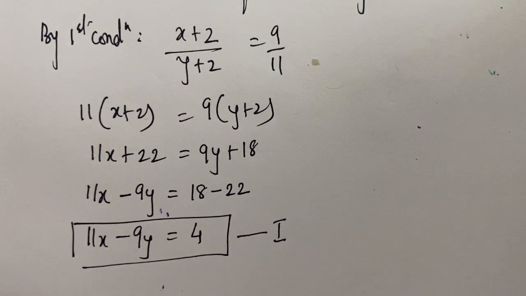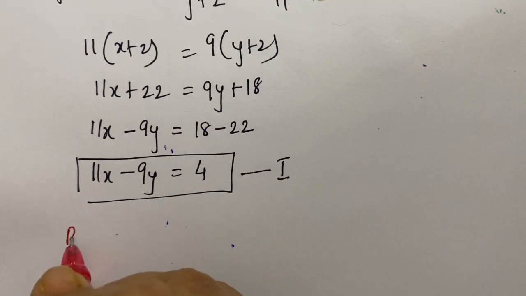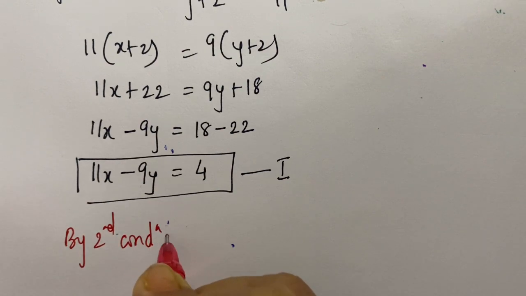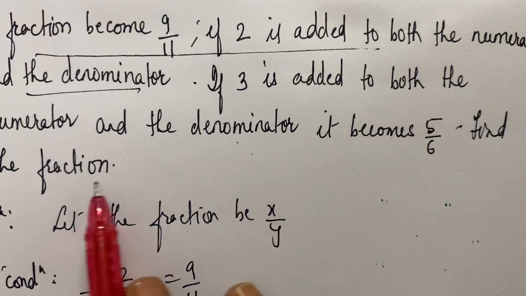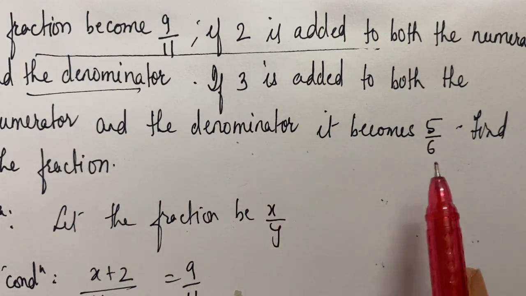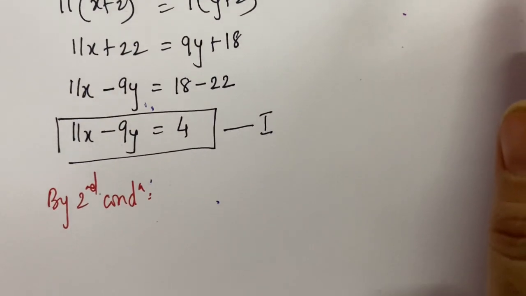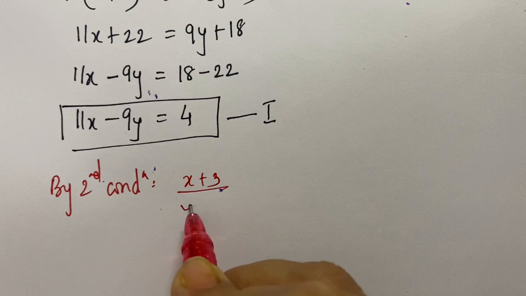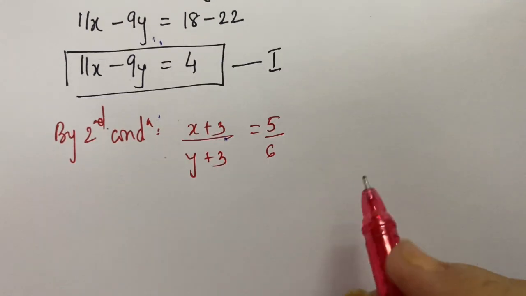Come to the second condition. By second condition, what he says? He puts it, if 3 is added to both the numerator and the denominator, it becomes 5 upon 6. So let us add 3 to the numerator and to the denominator. What does it become? It becomes 5 upon 6.